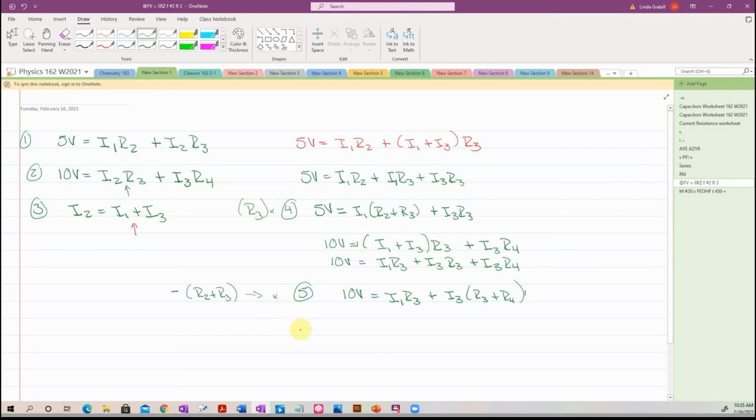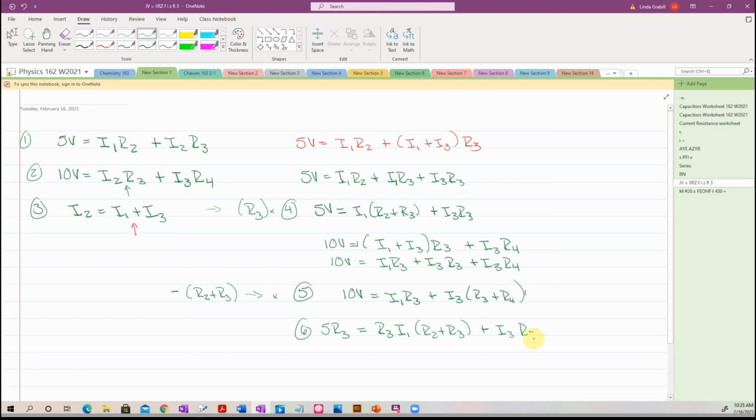So I'm going to make a new equation 6, just starting with this. Multiplying that by R3, I'm going to get 5 R3 equals R3 times I1 R2 plus R3 plus I3 R3.